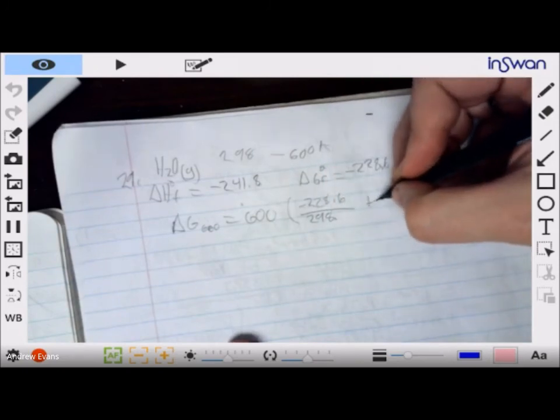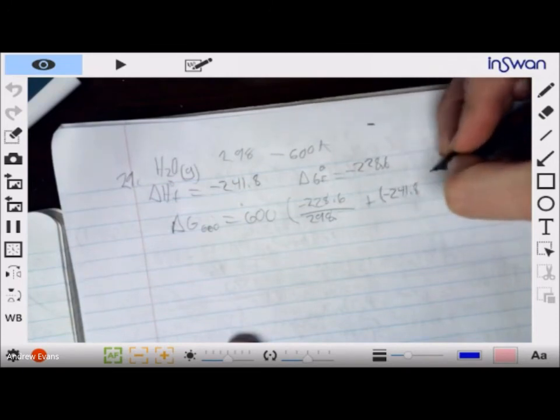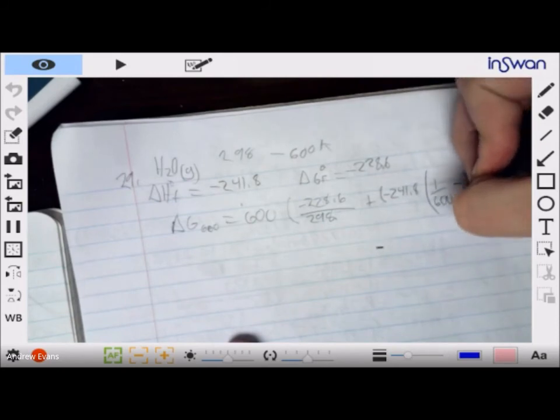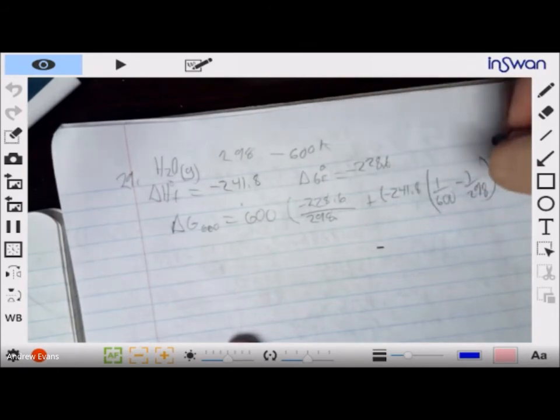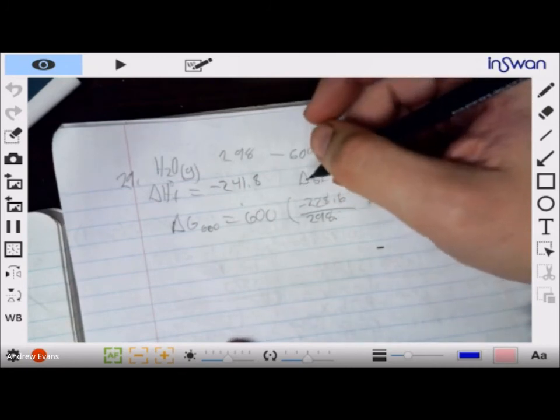Then add our enthalpy, negative 241.8, times 1 over 600 minus 1 over 298.